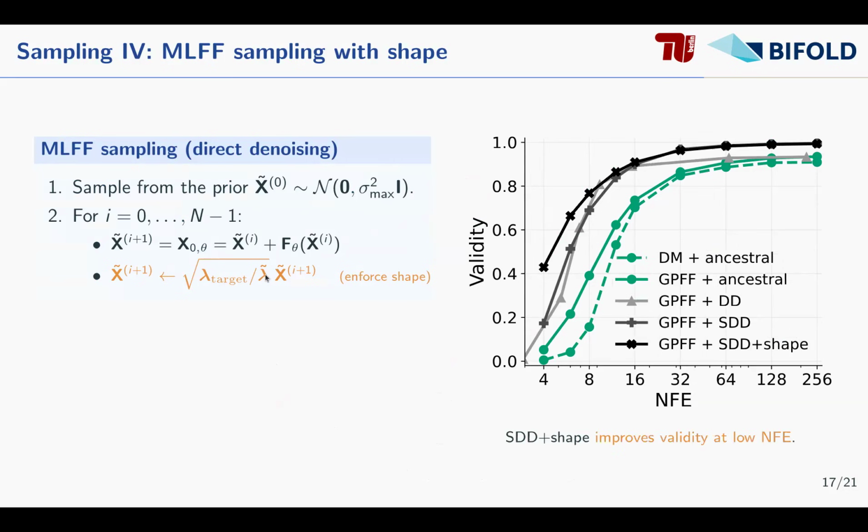If we now look at the results, we don't even have to sacrifice any validity; we even gain some validity in the low number of function evaluations regime, which is also intuitive because we start from something which is already closer to where we want to go.